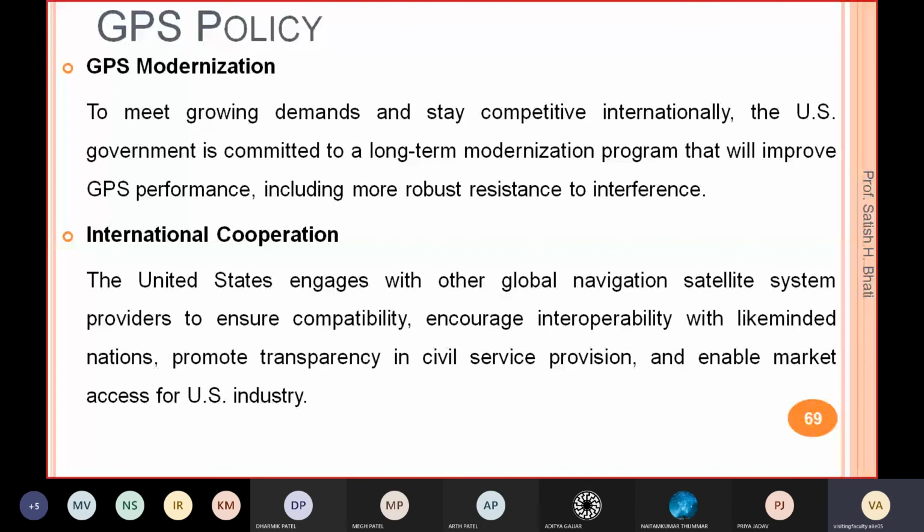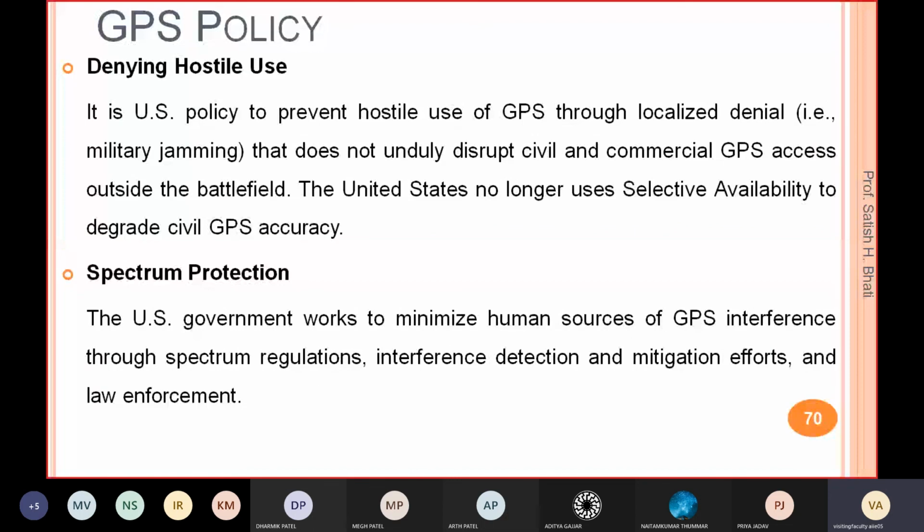Then denying hostile use: it is US policy to prevent the hostile use of GPS through localized denial, such as military jamming, that does not disturb civil and commercial GPS access outside the battlefield.